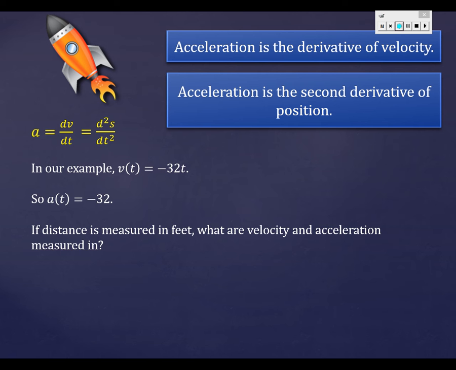Does it make sense? Some people still struggle with two time units, but it actually makes good sense. In fact, could we make sense of units like miles per hour per second? Sure. If you are in your car traveling at a velocity of 40 miles per hour, and you accelerate at 2 miles per hour per second, then over the course of 3 seconds your velocity will be 46 miles per hour, won't it?